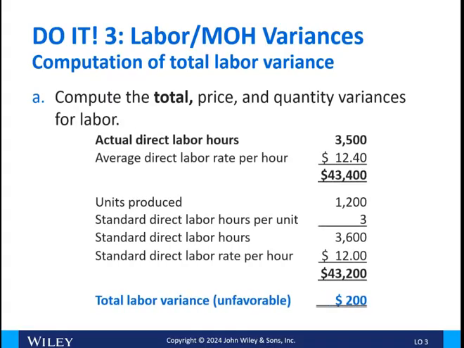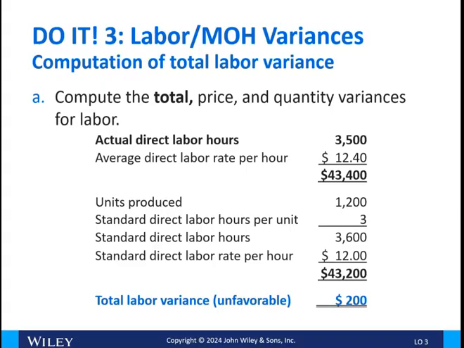So our actual direct labor hours were 3,500. Average direct labor rate was $12.40, so $43,400 actual. Our standard, we produce 1,200 units. There's 3 direct labor hours per unit, so we should have used 3,600 direct labor hours.